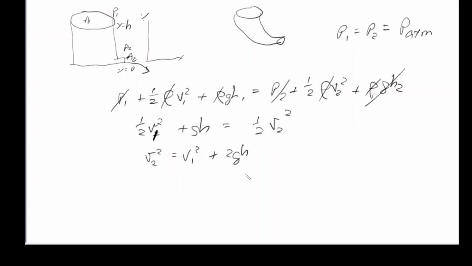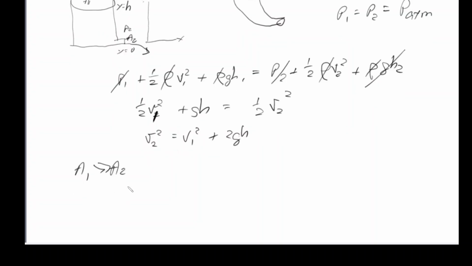Well, when we look at the system, we can see that the area 1 is much, much greater than area 2. And from the continuity equation, we know that V1 is equal to area 2 over area 1 times V2.